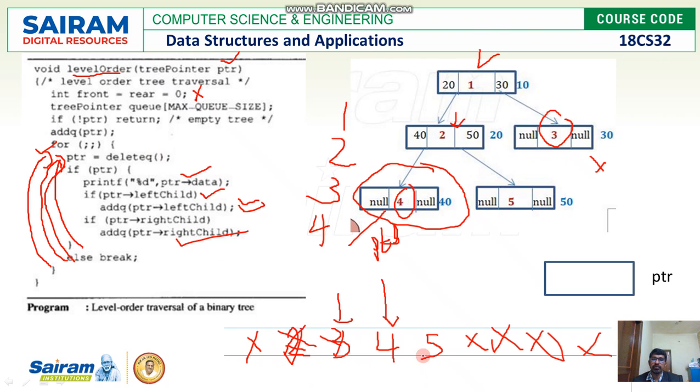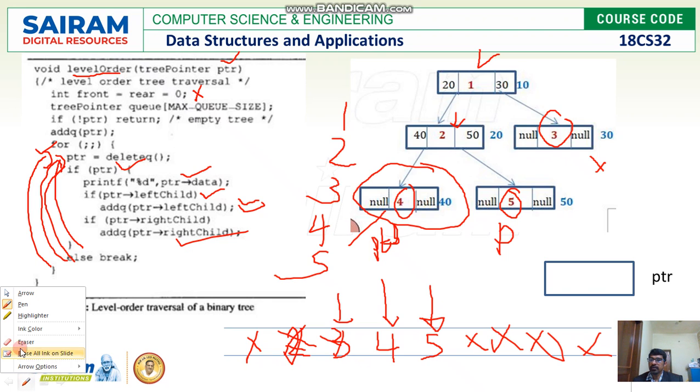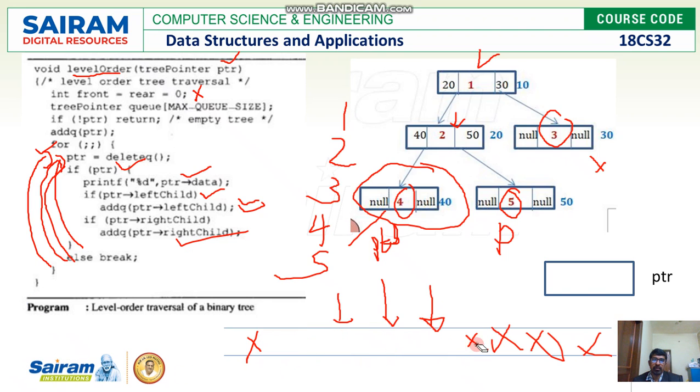PTR is equal to delete queue. So you have to delete the front of the queue. Now PTR is pointed to this. If PTR, if it is true, what is there in the data part? Data part is going to be 5. So I'll delete this. Before that, please remember that we have deleted all the data in the queue. We have deleted 1, we have deleted 2, 3, 4 and 5.